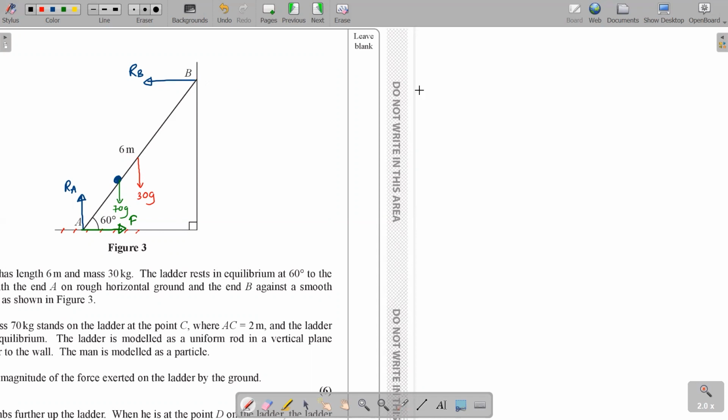So let's take moments around A. The first force I'll need to consider here is the 70G, and this is 2 meters. What's the moment produced by 70G, clockwise or anti-clockwise?